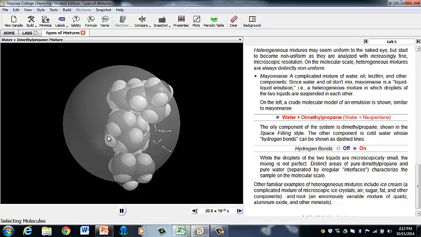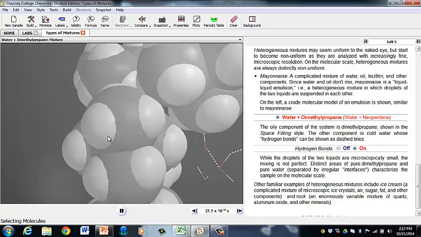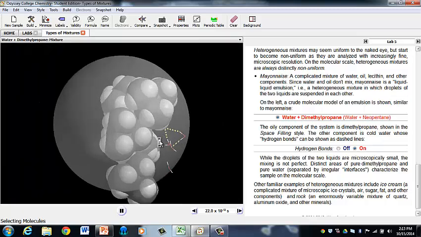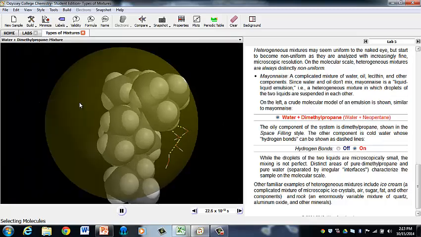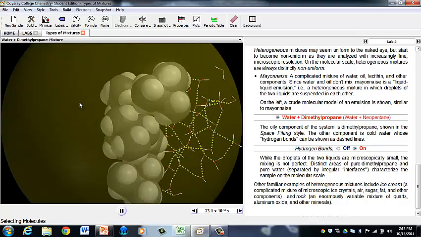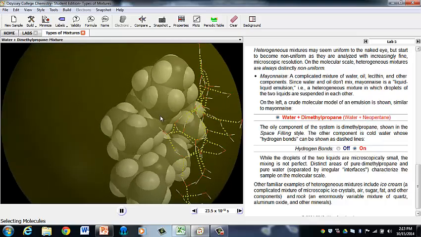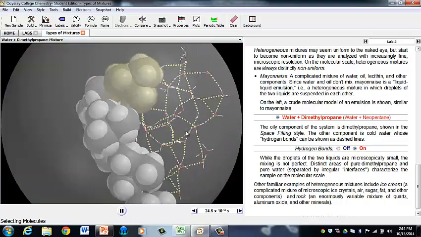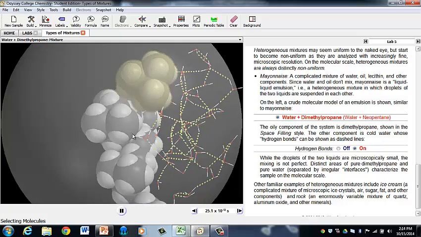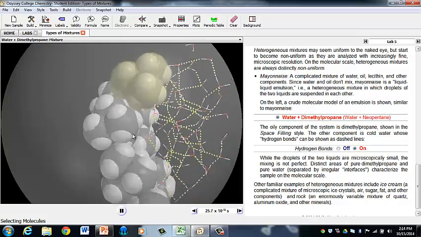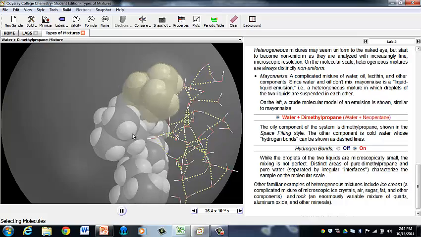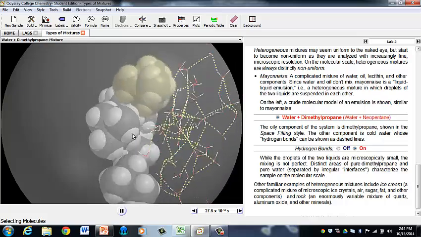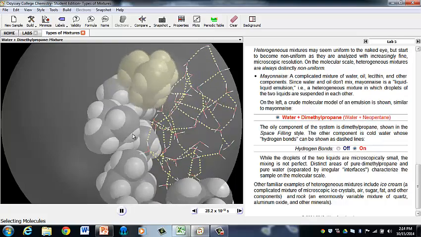Way up close. So you can see all the hydrogen bonds, all the attractive forces are between the water molecules and not the neopentane. So the water's going to stick together, the neopentane will stick together, and they're not going to mix. All right, so we'll pause that.